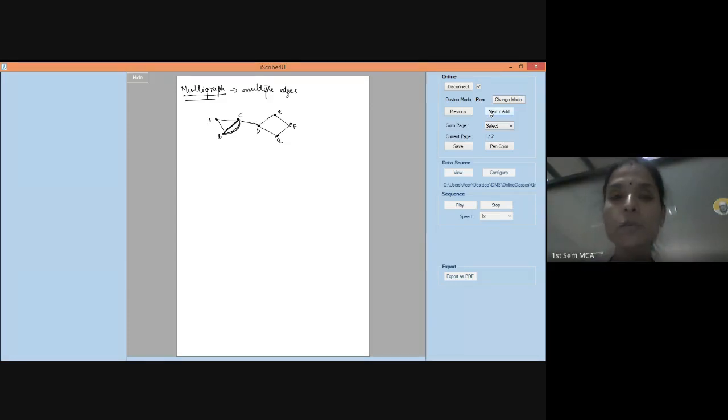Multiple edges between the same pair of vertices, D and E. Between D and E, you already have one edge, correct? Let me have one more edge like this, and one more edge like this. So there are three edges between D and E. Such a graph, you call it a multigraph. Clear to you all?